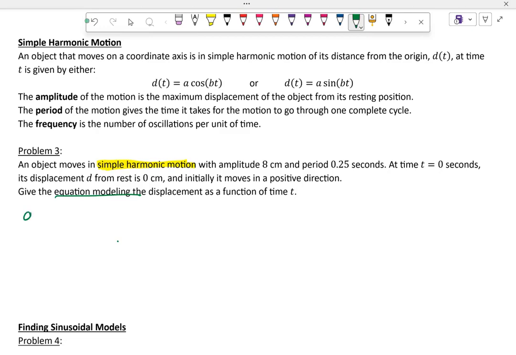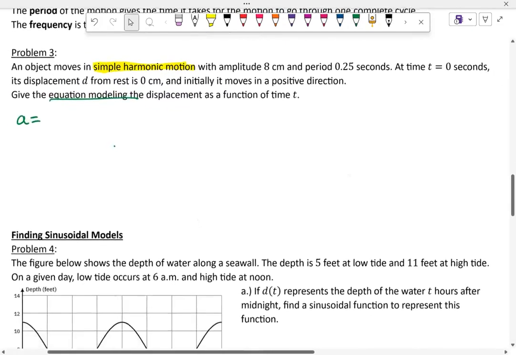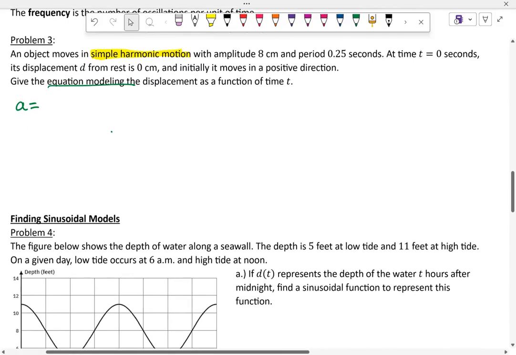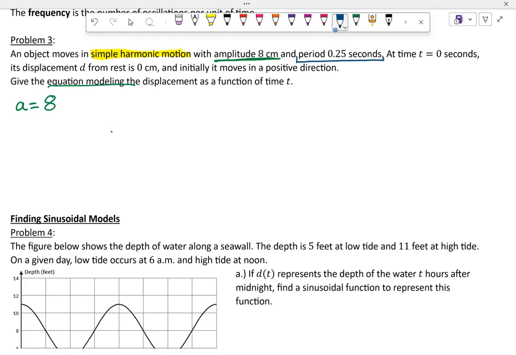So what is our A? We read through that problem. What does it say? I have a simple harmonic motion with an amplitude of 8. So what is our A then? 8. What else do they tell us? So how can I find my B? If I have my period, what do we do? 2 pi over B equals, what is 0.25 as a fraction?